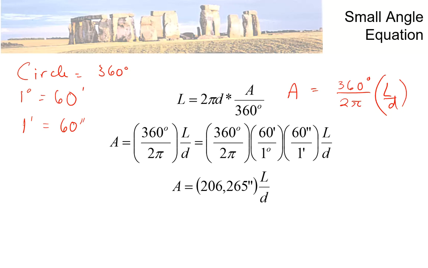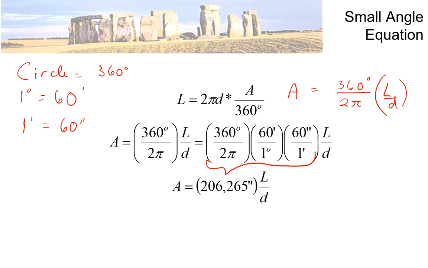And so 360 divided by 2 pi, and then 60 minutes per degree, 60 seconds per minute. If you multiply all of those together, you get a conversion factor of 206,265 arc seconds per degree.